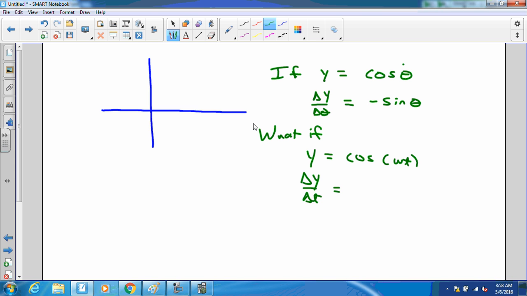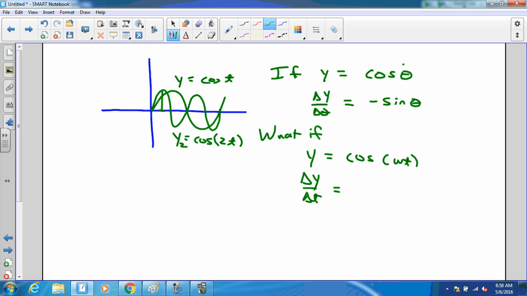So everything is going to squish this way. It's not going to get any taller. It's going to squish this way. Now just reason with me. If I take the graph of cosine, so this is y equals cosine of t, and then I squish it by, let's say, a factor of 2, y2 equals cosine of 2t, and I take a look at the slopes, then what I find is this.